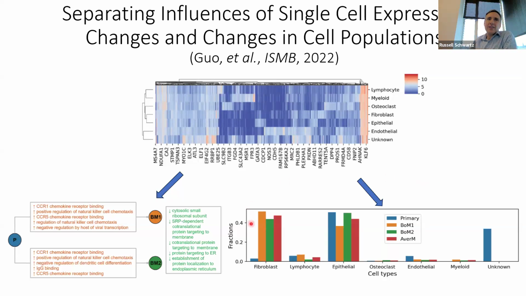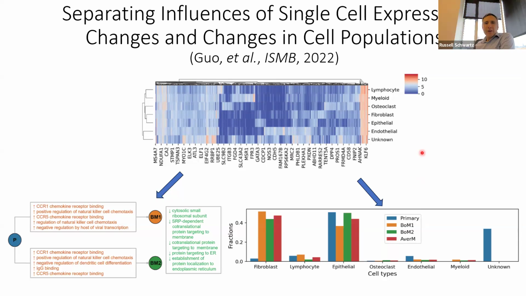So to understand that in some sites, maybe you have few fibroblasts and in others lots of them, as well as that those fibroblasts may be changing their expression in one site versus another site, and influences in the expression of the tumor cells in one site versus another site.